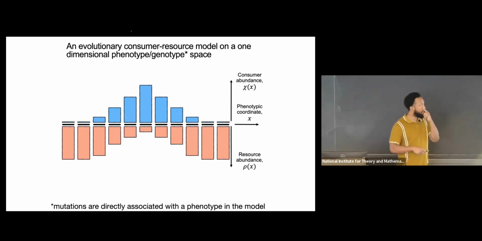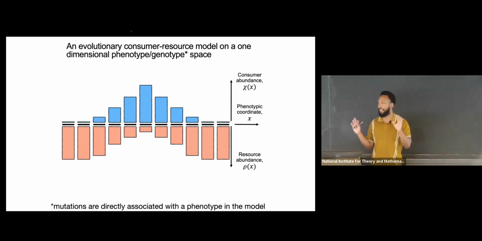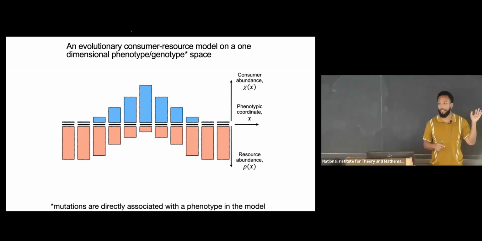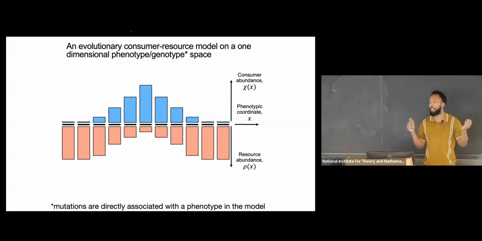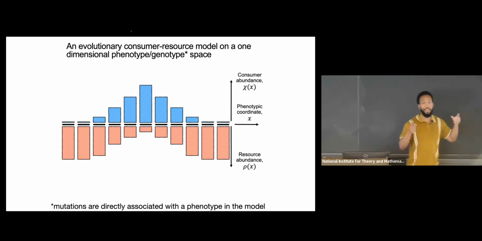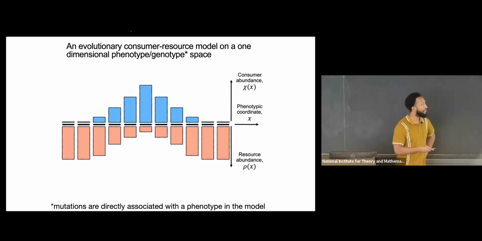So let's just first introduce this landscape. I'm just showing you in 1D as an illustration, but this framework that we've worked out is true for any dimension. The model is for any dimension, but this is just the idea. Imagine that there's some phenotype coordinate.